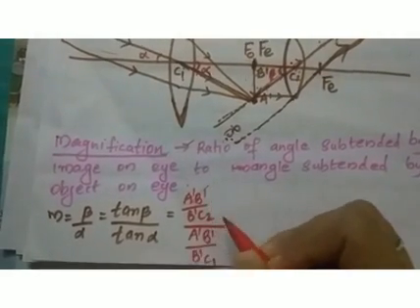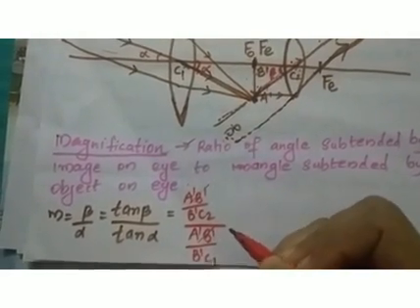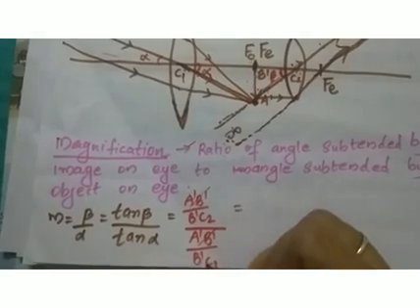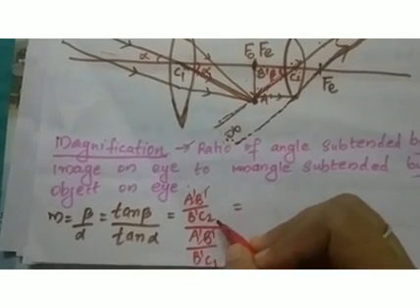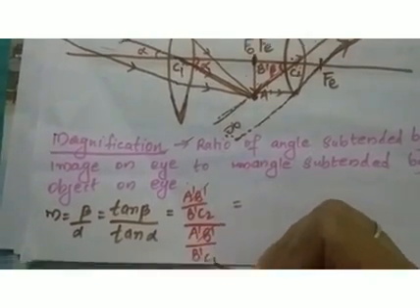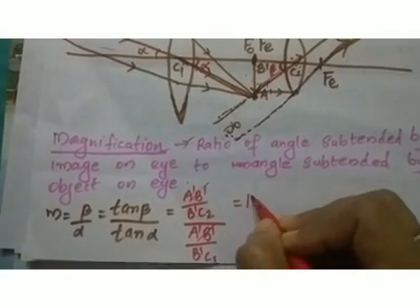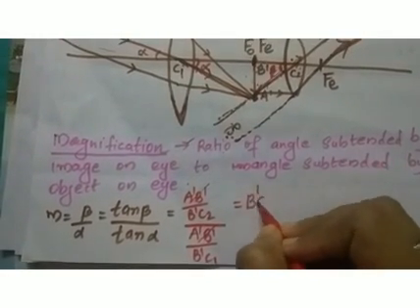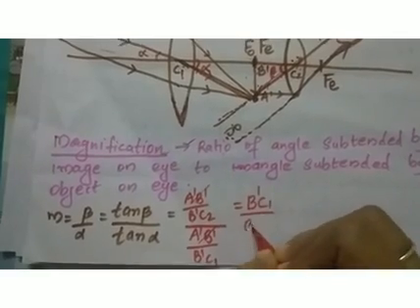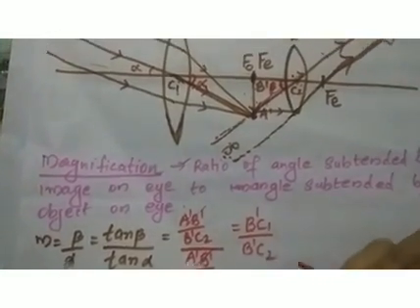And here we can cancel A dash B dash with A dash B dash. Then we are left with 1 by B dash C2 divided by 1 by B dash C1. So taking the reciprocal and by suitable rearrangement, we get B dash C1 by B dash C2.